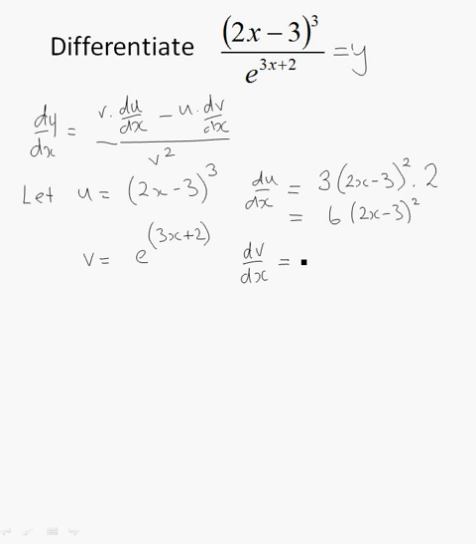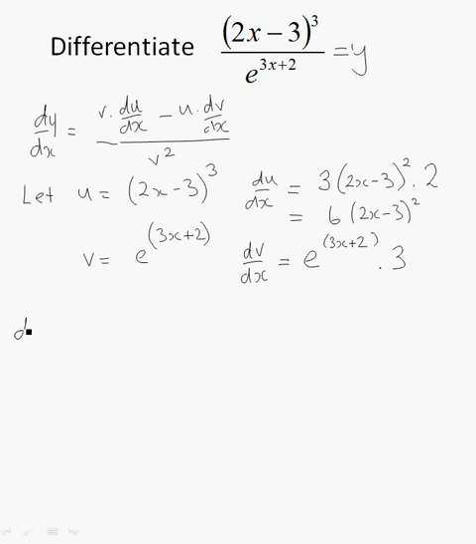So when we differentiate it, we differentiate the exponential of the bracket, which will give us that. I'll fill the bracket in a moment, and then we multiply by whatever the derivative of the thing inside the bracket is. So the derivative of 3x plus 2 is 3. So if I put 3x plus 2 in there, I've got all the bits that I need to go into my formula.